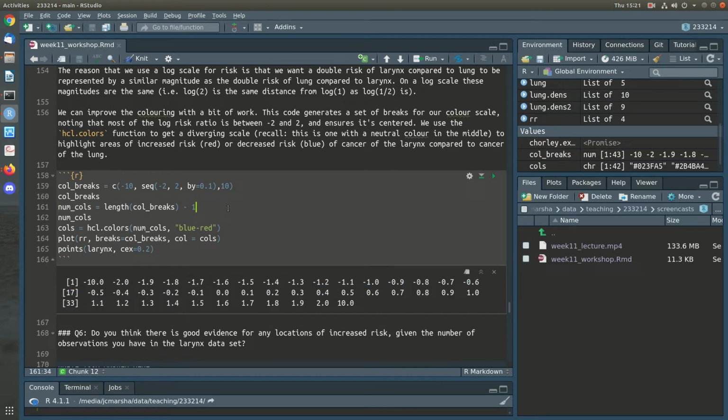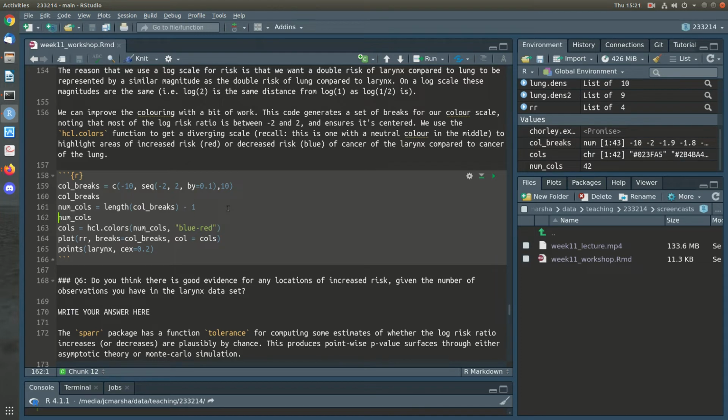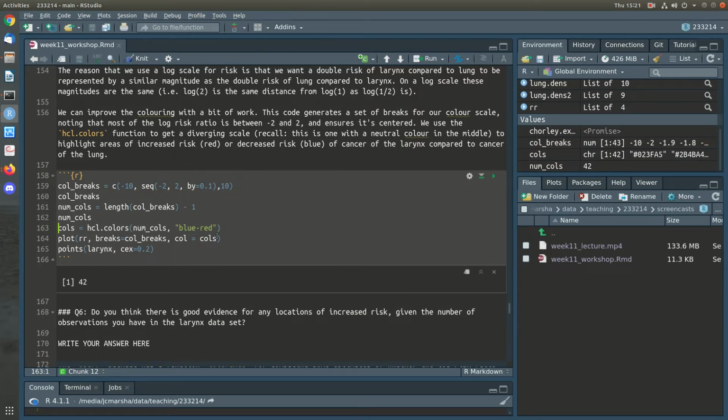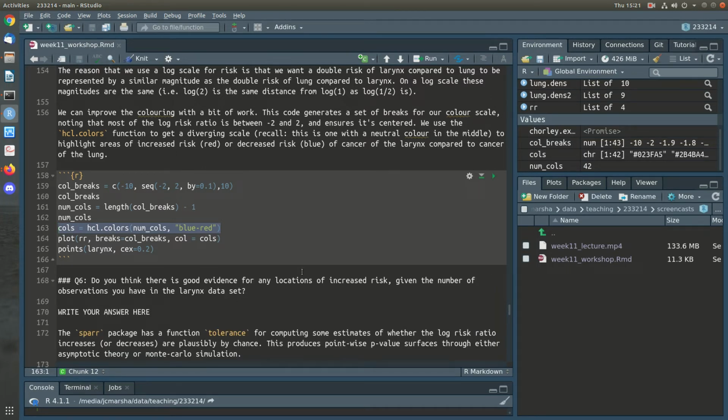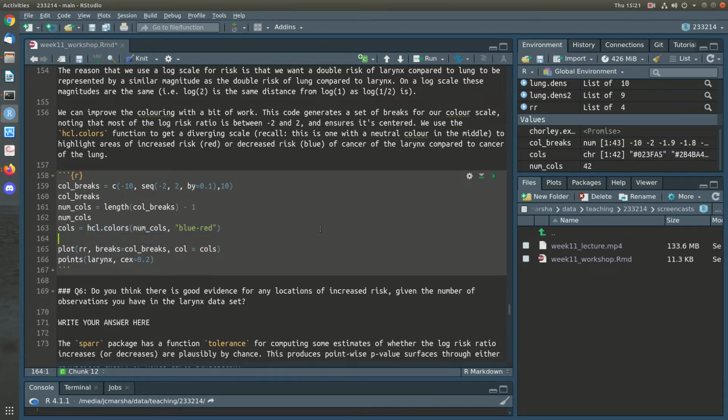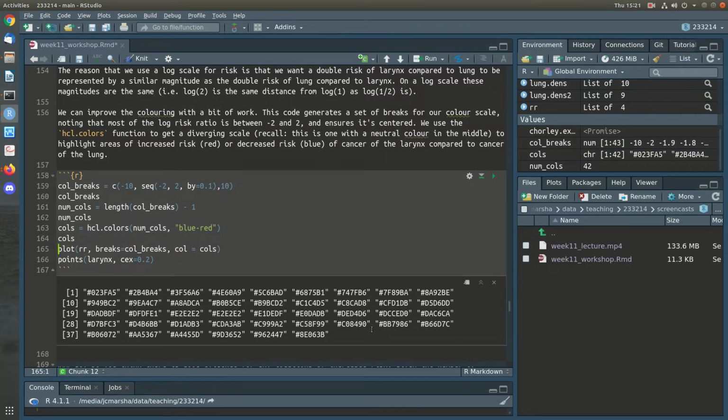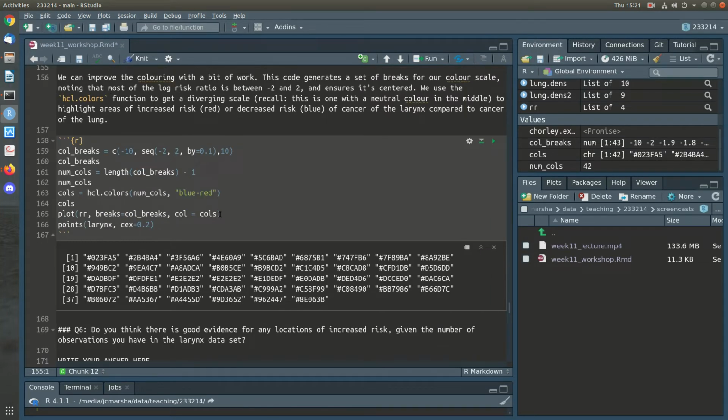The number of colours is just the length of our breaks minus 1. So we've got 42 colours, and we're asking for 42 colours that range from blue to red. If you have a look at cols, that's what the 42 colours are in hex, and then we're plotting the relative risk data with the breaks being here and our colours being there, like that.